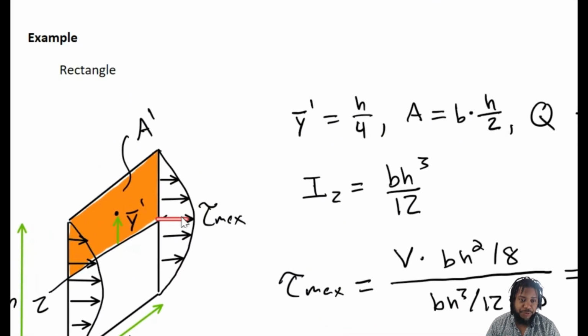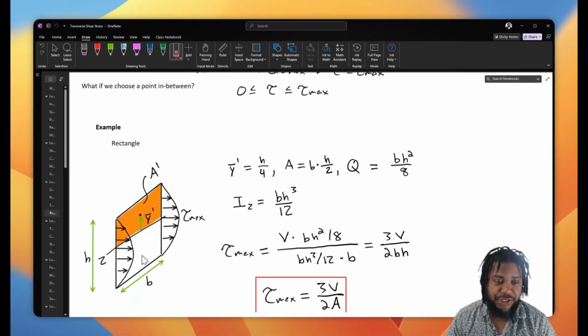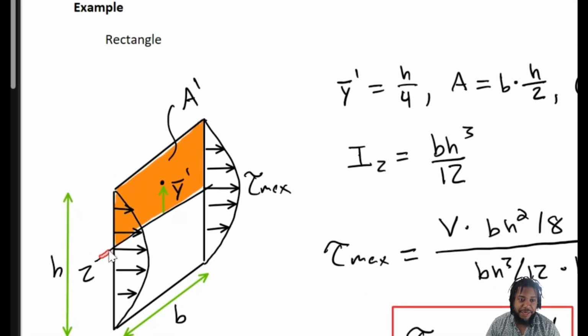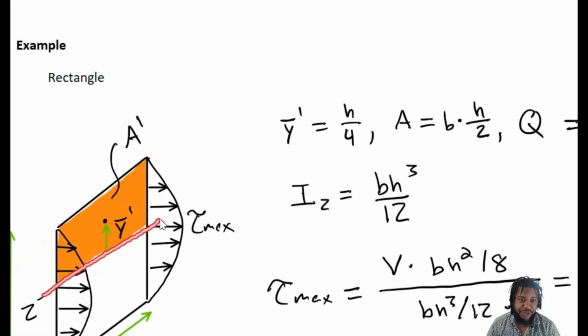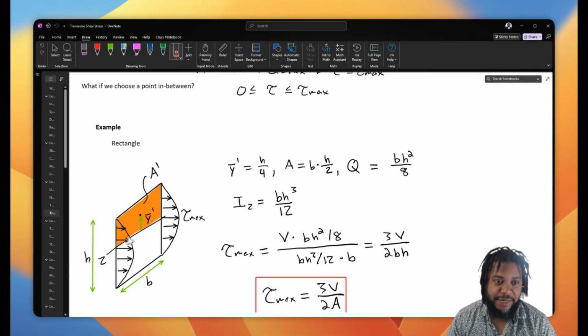Well, we know it should be at the neutral axis, or the center of this cross section, and so let's go about calculating it. If our point of interest is the center, then we want to find the centroid of the area above that line, as well as the actual value of the area itself.